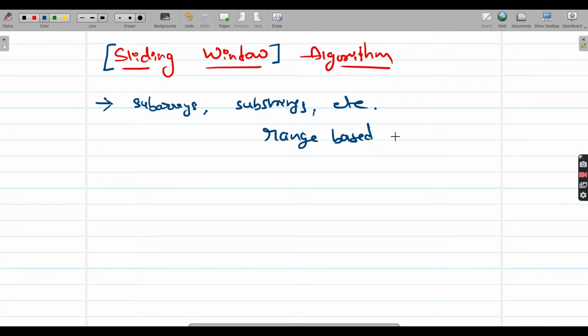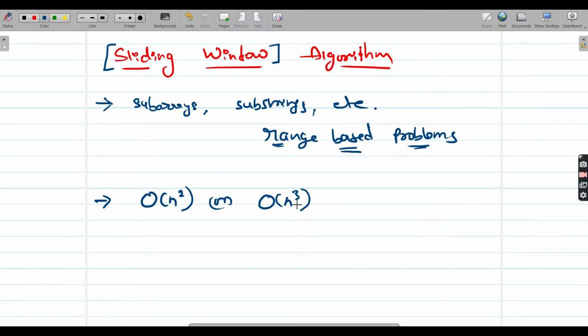When we try to solve these kinds of problems, we tend to fall into big O of n square or big O of n cube time complexities. The sliding window algorithm will help reduce these time complexities, it's a kind of optimization.